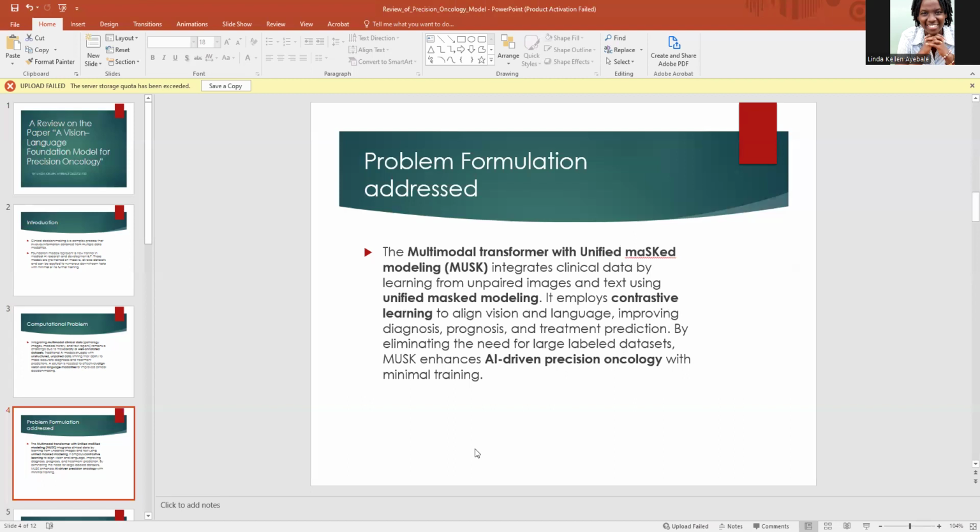It eliminates the need for large labeled data sets, and enhances AI-driven precision oncology with minimal training. MASK was brought in so that it takes in the image information and the language information all at once without need of labeled data.